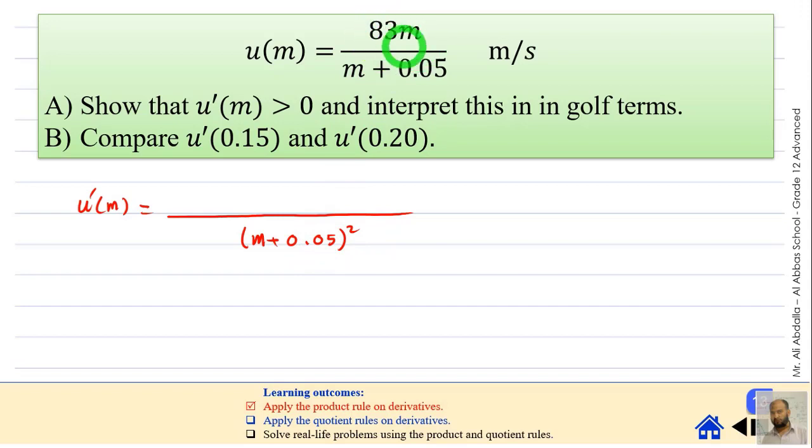Then the derivative of the numerator, 83, times the denominator, the second function, m + 0.05, minus the first function, 83m, times the derivative of the second function, which is 1. Then you can simplify.